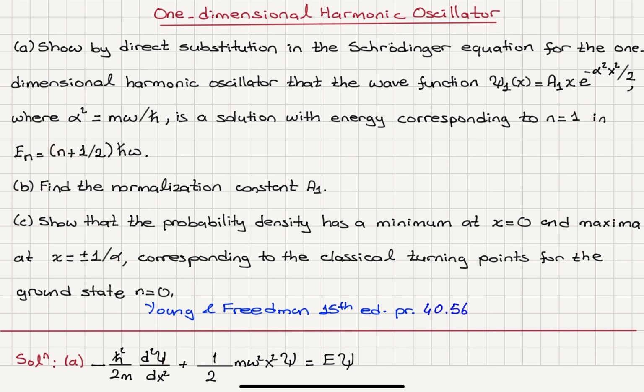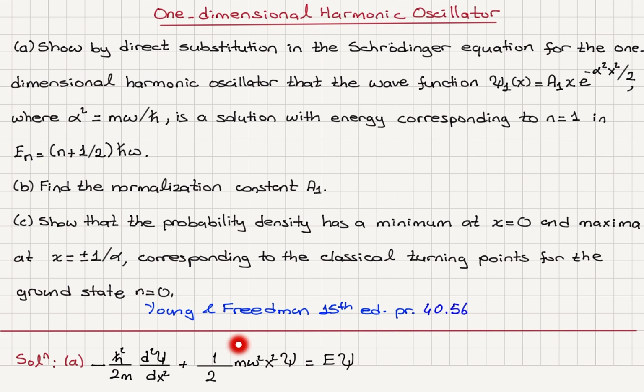So this is a solution of the one-dimensional harmonic oscillator. First I write Schrödinger's equation: minus h bar squared over 2m, second derivative of the wave function with respect to x. This is the momentum operator squared divided by 2m applied to the wave function, and h bar over j d dx is the momentum operator, j is the square root of minus 1, plus the potential times psi, 1/2 m omega squared x squared times psi, is equal to energy times psi.